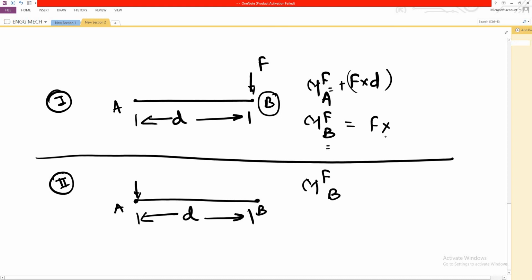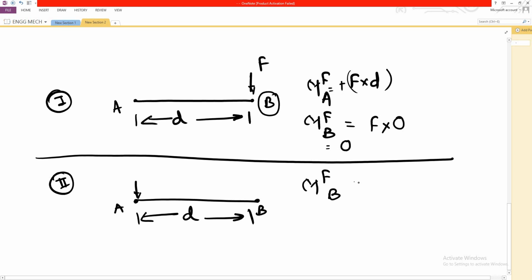The distance between the reference point, which is B, and the force is how much? 0. Therefore how much moment is being generated when the reference point is B? It is 0. Why? The reason is the force is acting on the reference point itself. It is not going to create any rotary effect, and when we say rotary effect, we are talking about moment. No rotary effect, no moment, therefore 0 moment is generated.